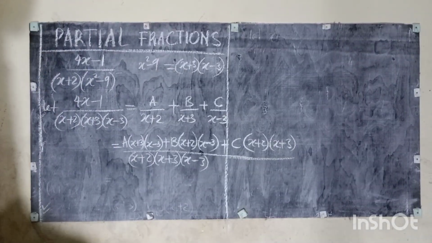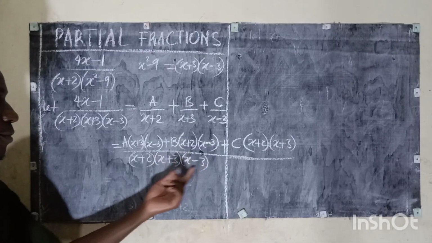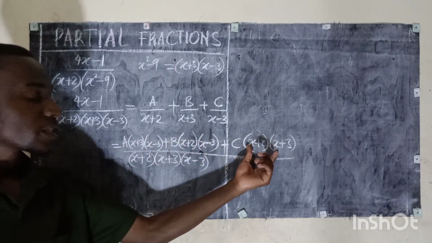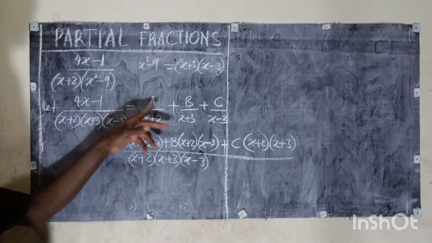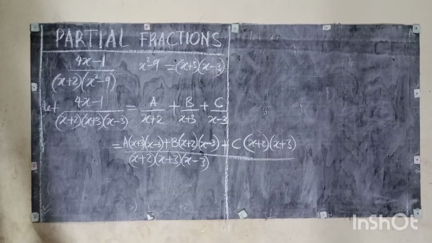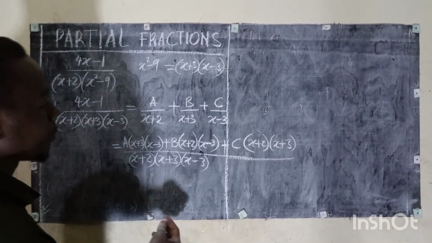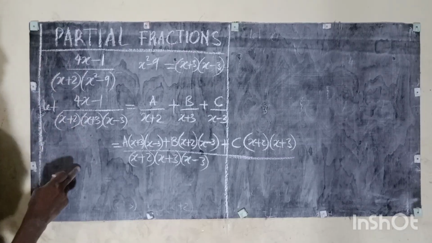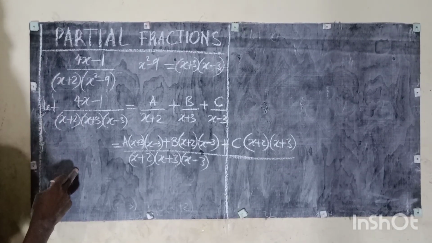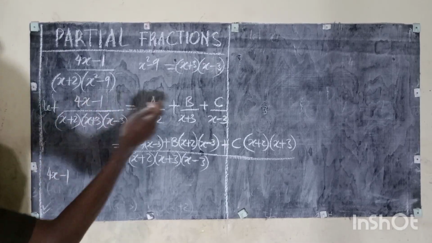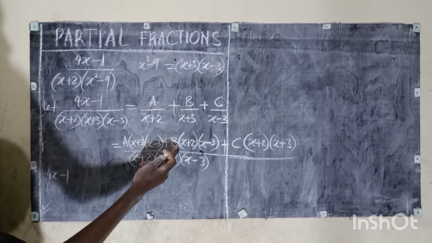You must look at it that when this denominator is divided by each of these three, we must get back this.